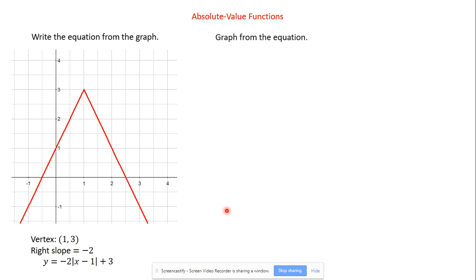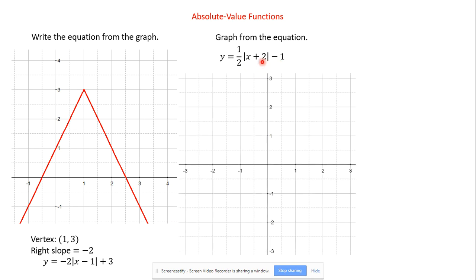So once we have these things, we just need to plug it into the equation. We can also graph from an equation. If we have an equation, y equals 1/2 times the absolute value of x plus 2, minus 1, we can graph. We know the vertex is going to be -2, -1, so we can put a point. And then the slope is up 1 over 2.